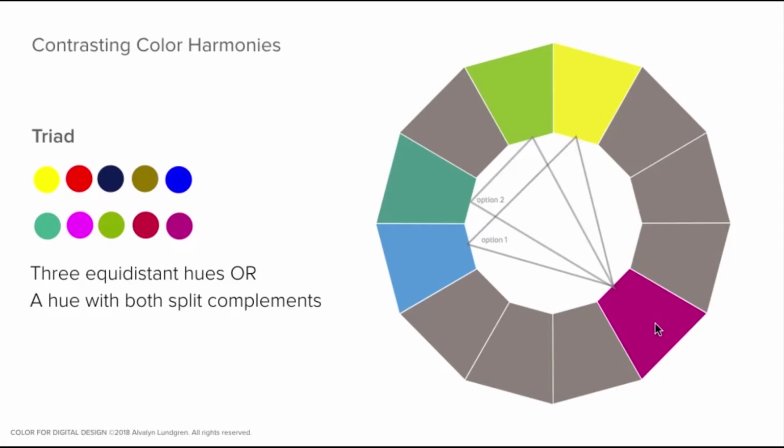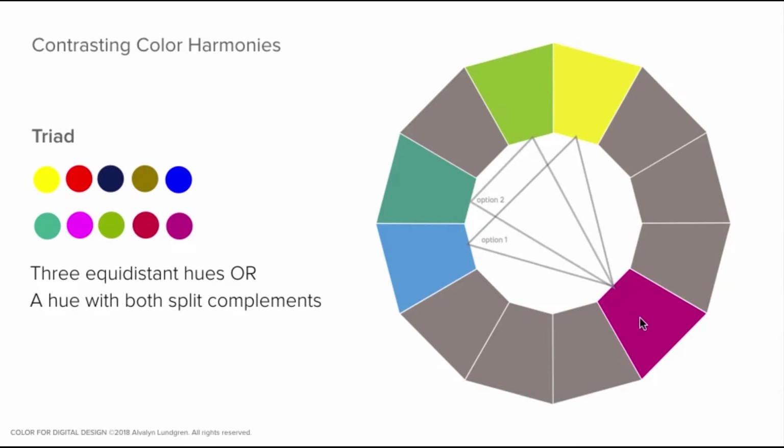Now I could take the secondaries, violet, orange, and green, or I could take tertiaries. So there are four possibilities for triads. One is the primary triad, one is the secondary, and you have two options for tertiary triads that are equidistant. The second option for a triad is to inscribe an isosceles triangle, which is the longer, skinnier one, into the hue circle.